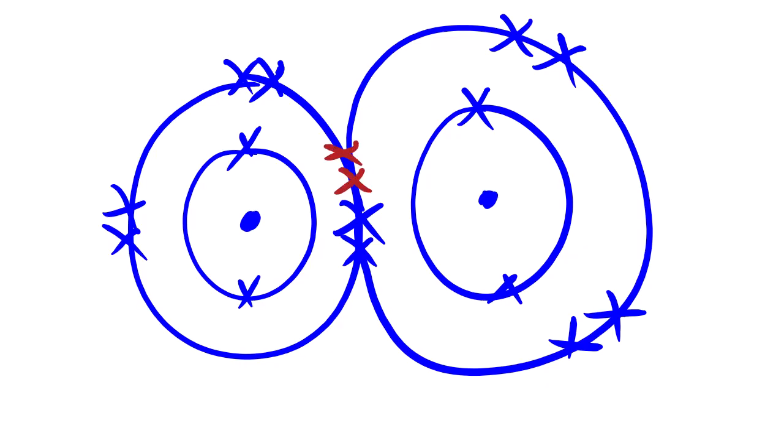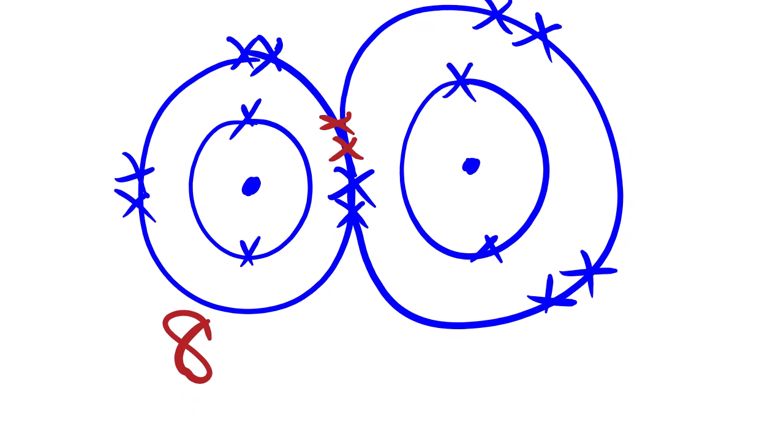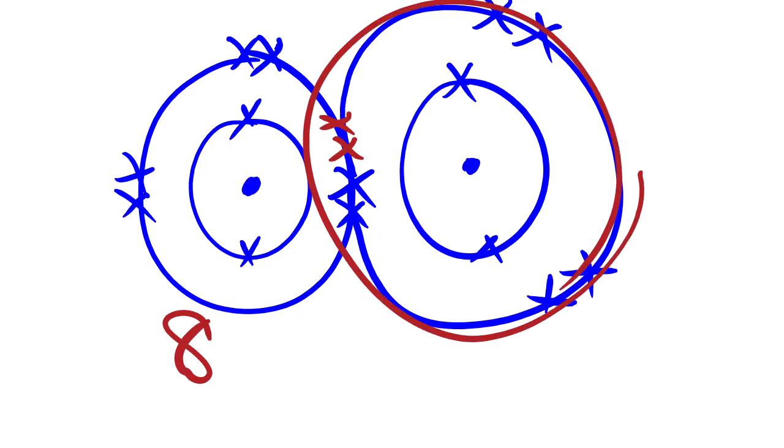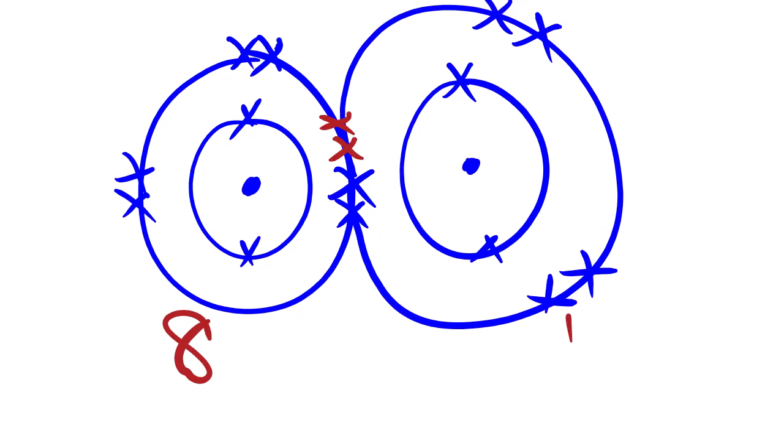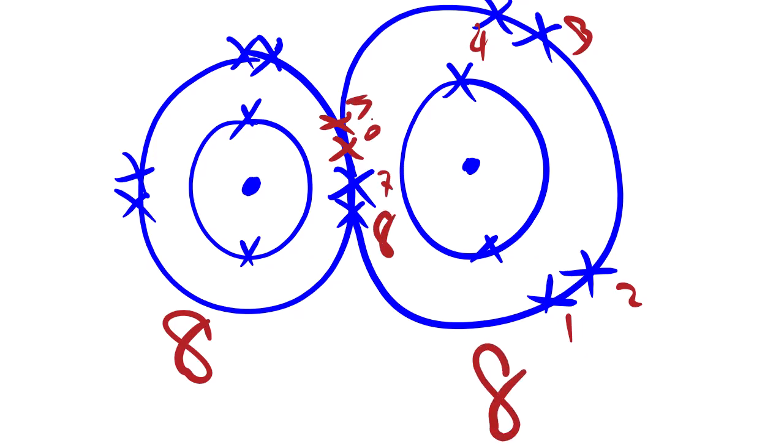Then if you are counting for this one now, if you start from here, you have 1, 2, 3, 4, 5, 6, 7, 8. Now the outermost shell has 8. That's what it wants. Still, if you are counting for this atom 2, you will have 1 2 3 4 5 6 7 8. This is also 8 electrons in the outermost shell.